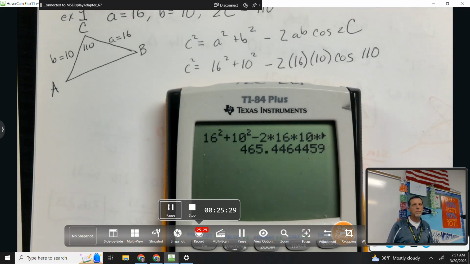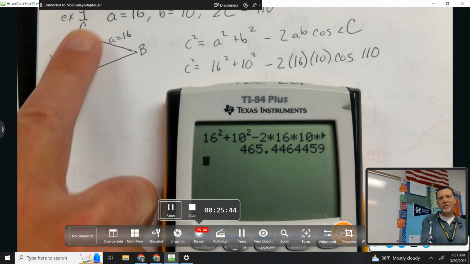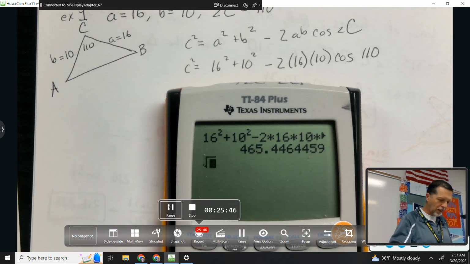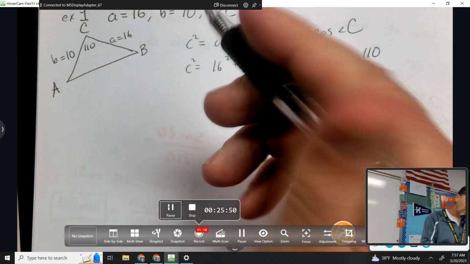I got to square root it. So just like Pythagorean theorem, you don't do this anymore, but when you first started, some of you would forget to square root it. Same thing here. But if you're paying attention, side C being 465 doesn't really make sense for this problem. So hopefully you would catch that and then realize, yeah, you just need to square root that to find side C.